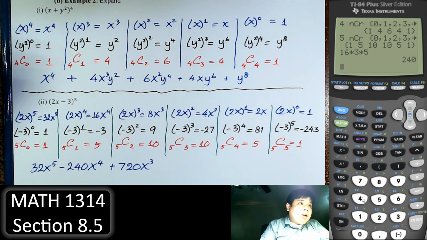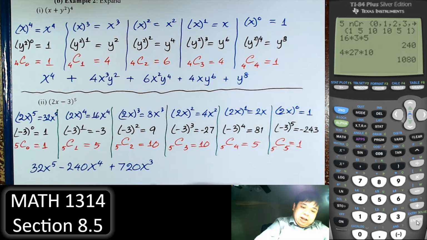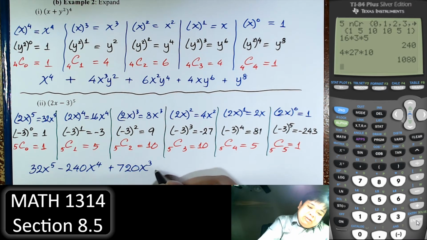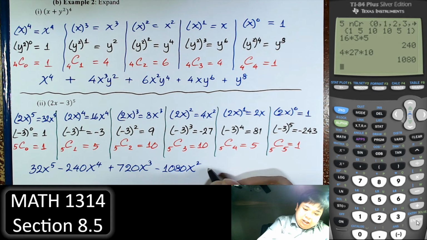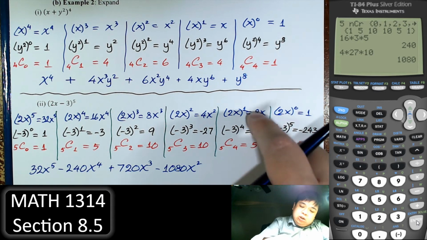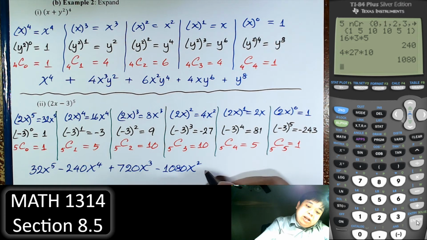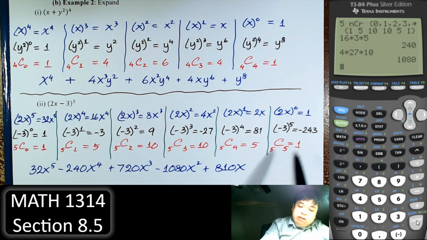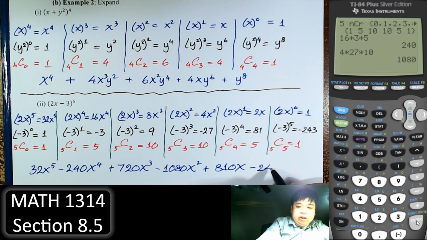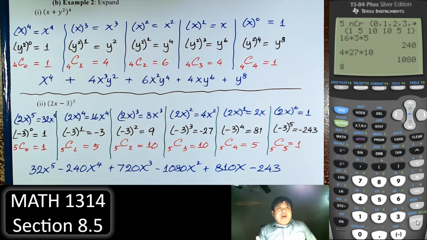And then 4 times 27 times 10. 1080. And that is -1080 x squared. And 2 times 5, 10 times 81, so 810 x positive. And finally -243. Right, so it's simple enough, right?